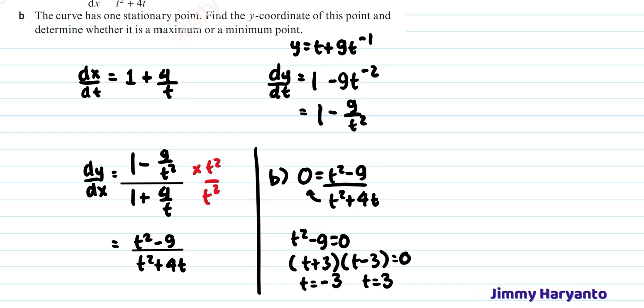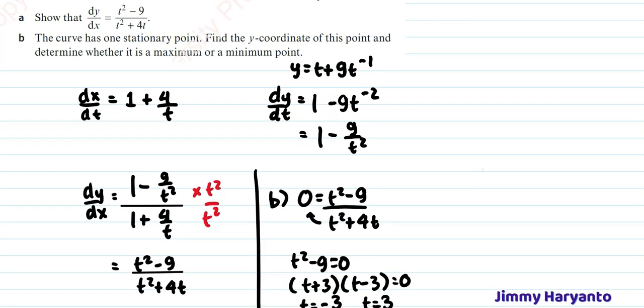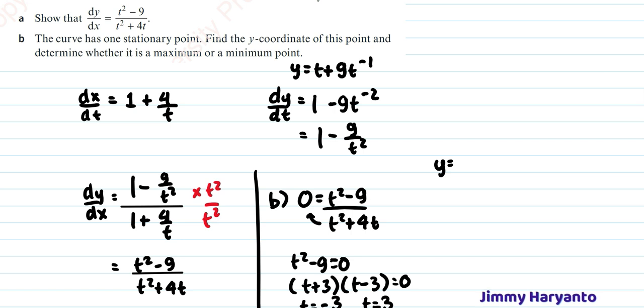But the question wants you to find the y coordinates of this point and determine its nature. Okay, so next thing is to find the y. To find the y, you only have to input it into y equals t plus 9 over t.